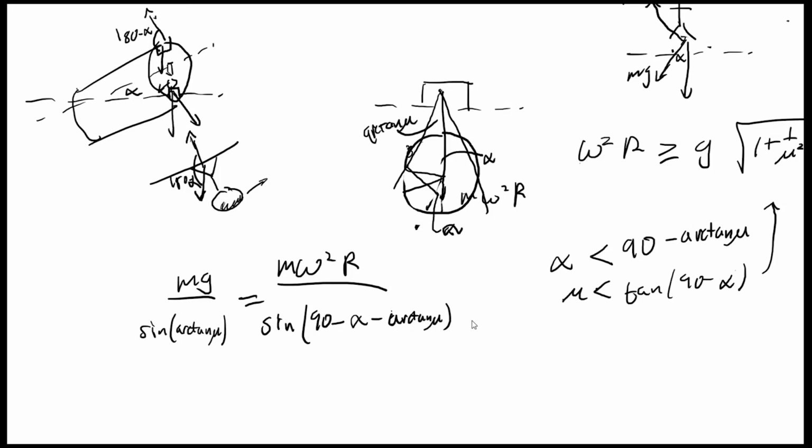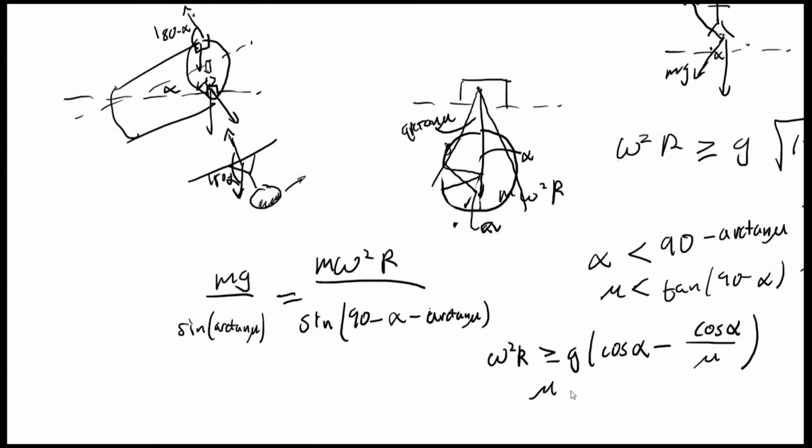And after some calculations, and I'm not going to do this because this is just math, this is going to give us that omega squared r is greater than or equal to g times cosine alpha minus cosine alpha over mu. And this is if mu is greater than tangent of 90 minus alpha.